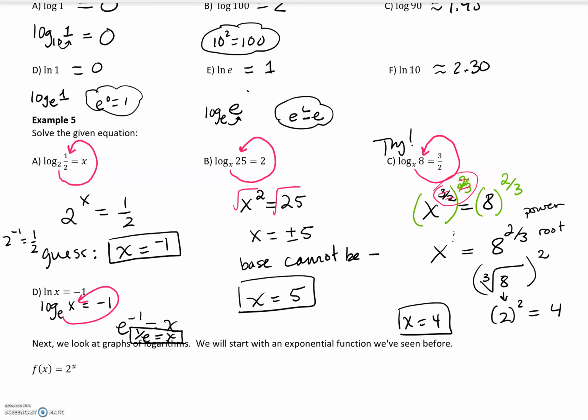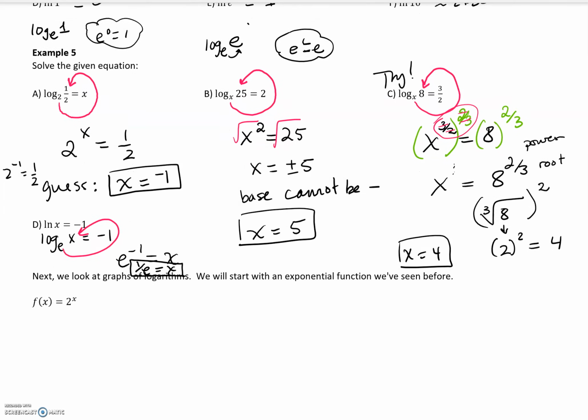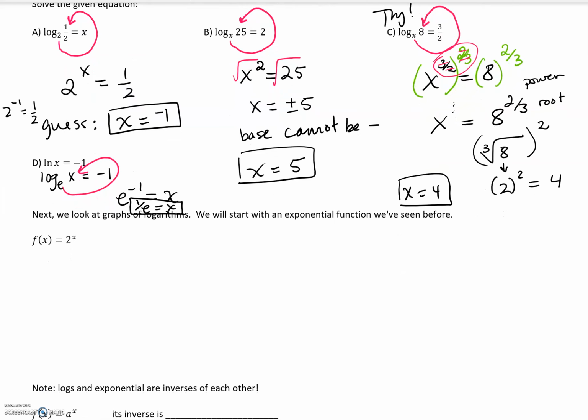Okay, next, let's go ahead and look at graphs of logarithms. And we'll start with an exponential function we've seen before and relate it to logarithmic graphs. So we know from before, we did this guy, we graphed it in the previous sections.